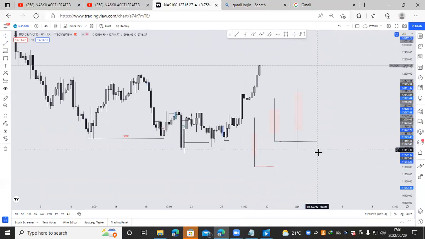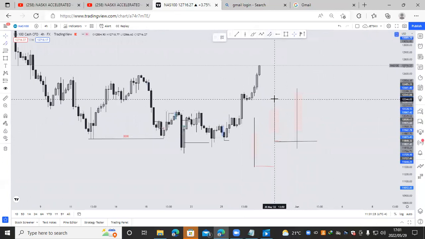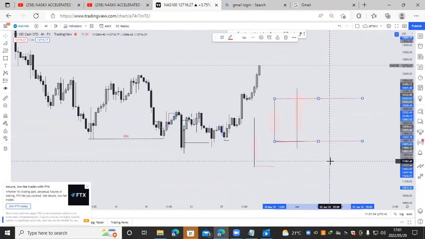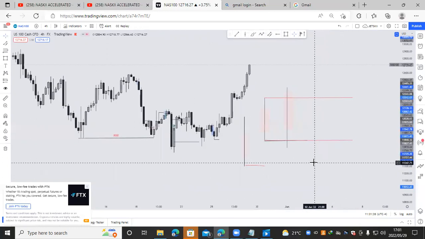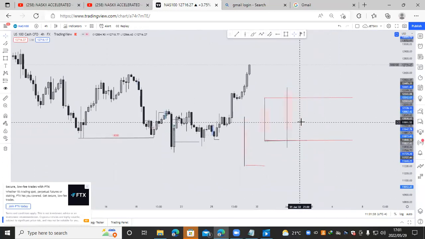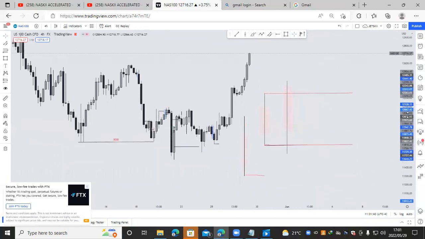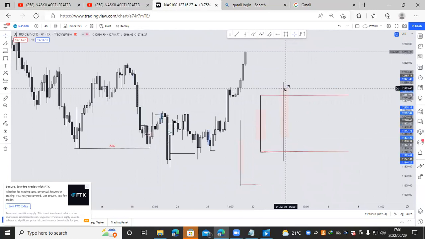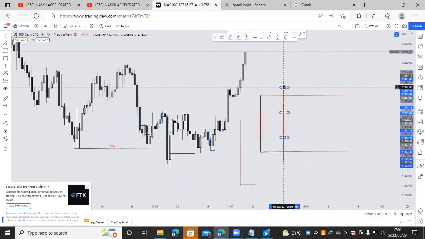what you do, we take the previous candle's range from the wick high to wick low. You're gonna have something like this, from wick high to wick low. Then from here, this candle doesn't necessarily have to close above.